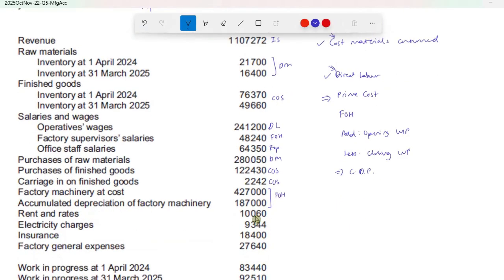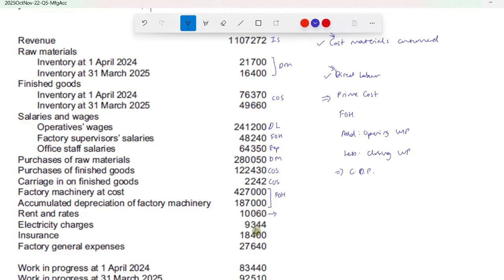Later on, we will show in the factory overhead. Right? Rent and rates, it depends. If it is rent and rates that relates to factory, we have to capture in the factory overhead section. Later, we will read the additional information. If rent and rates is about office, that means not factory related, it will be captured in expenses in the income statement, right?